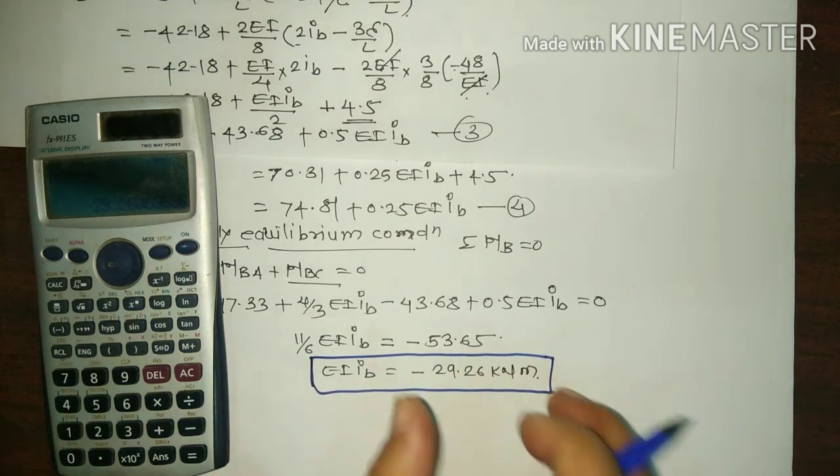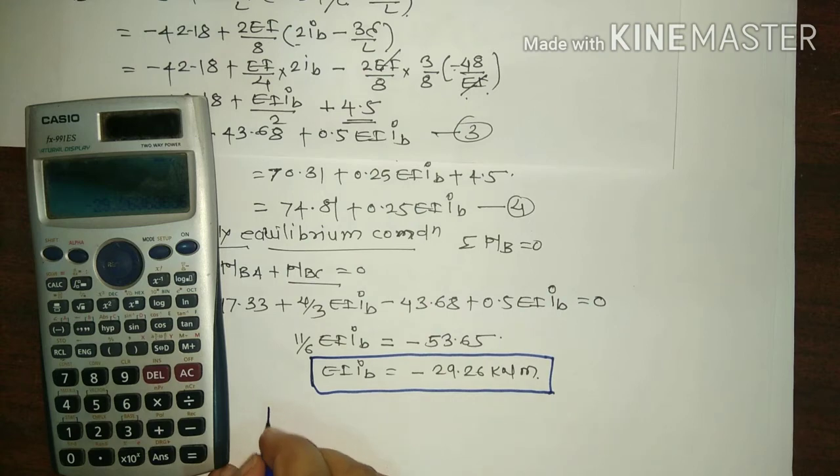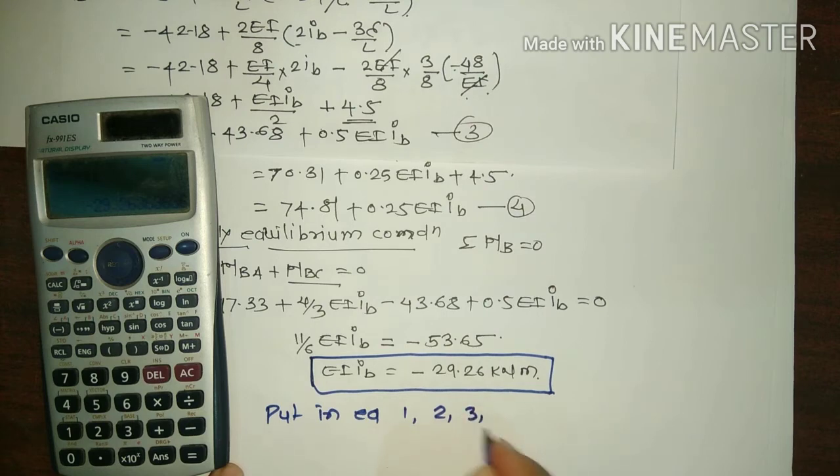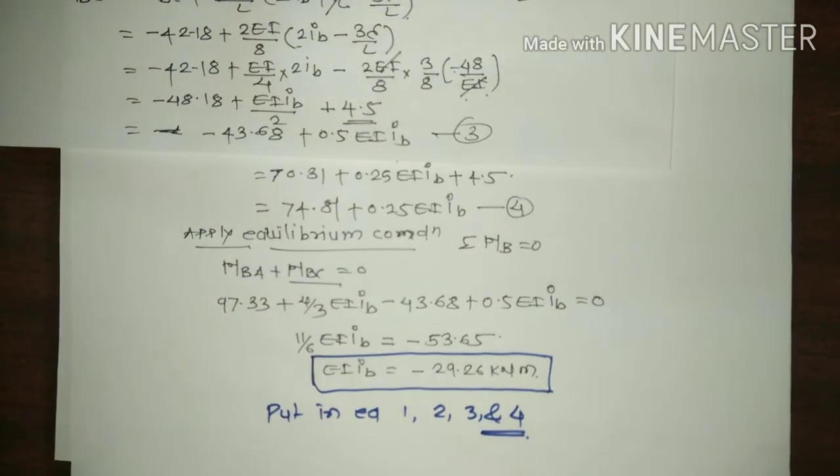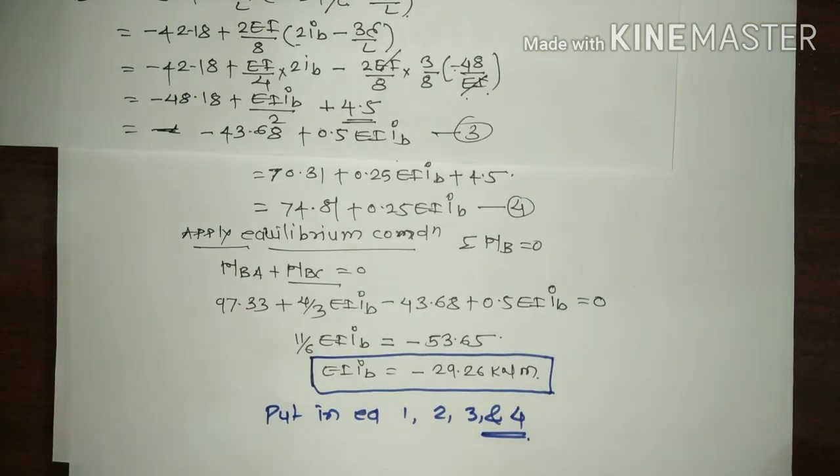Now put this value in equations 1, 2, 3 and 4 and find the final fixed end moment. So we are putting this value.